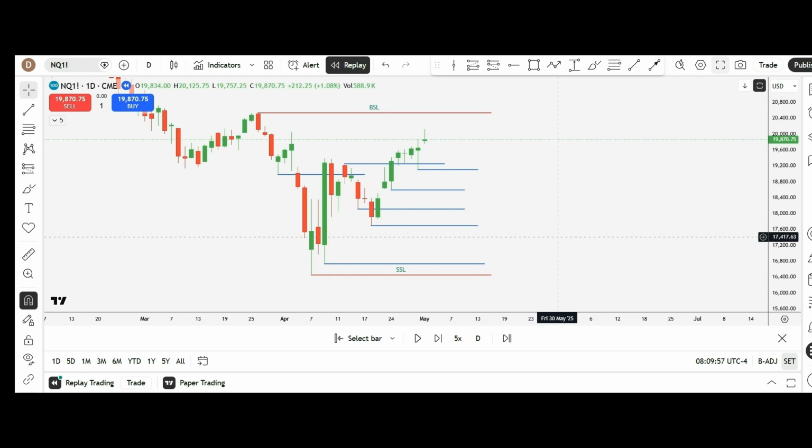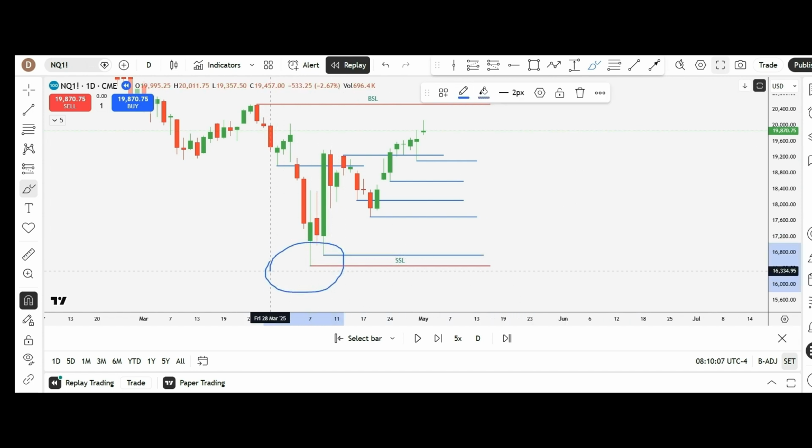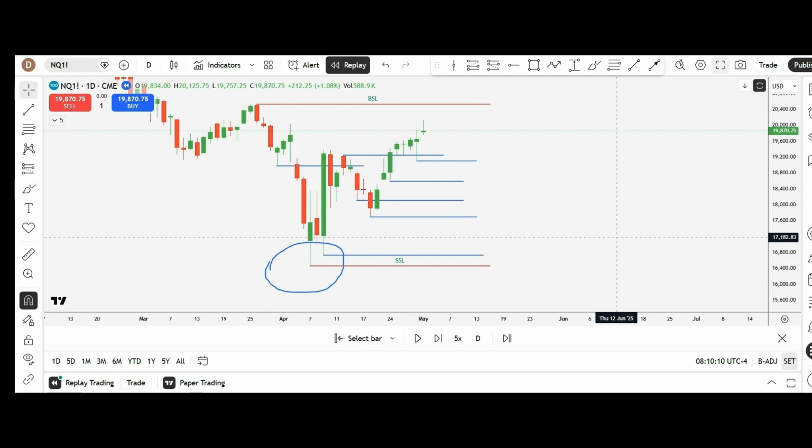All right. Second thing, from time to time you will notice swing points like these two over here, which are very close to each other.